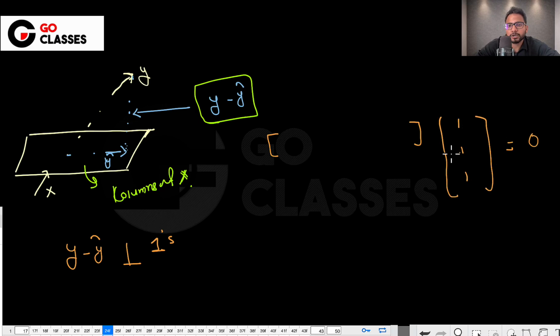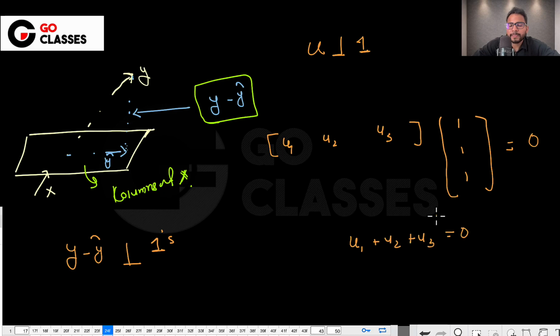Suppose u is perpendicular to 1, with entries u1, u2, u3. Then u transpose 1 must be 0, which means u1 plus u2 plus u3 must be 0.